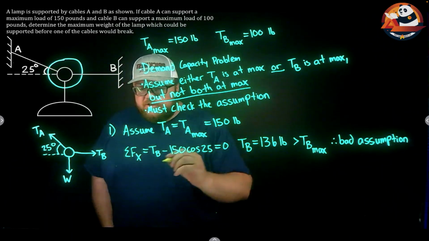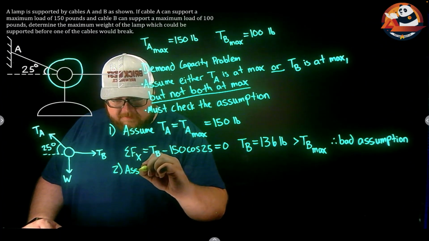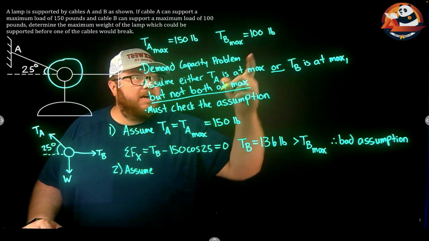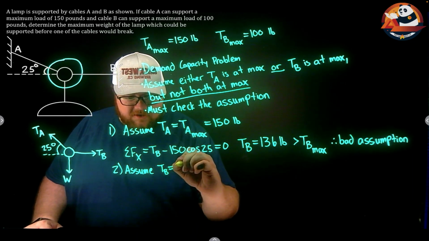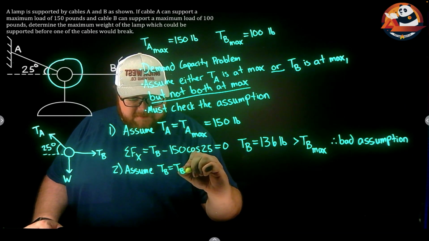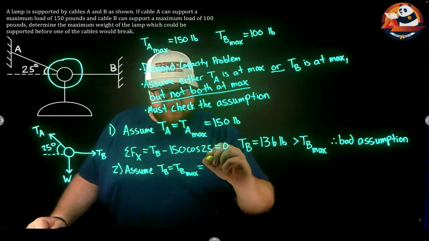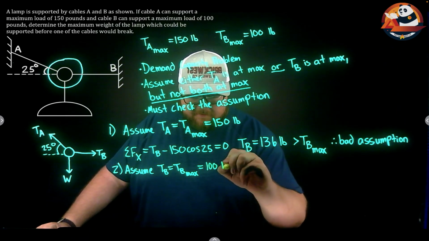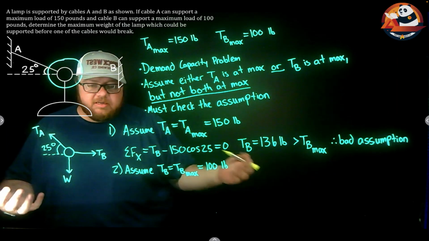So start over. Step 2. Let's assume that TB equals TB max, which is 100 pounds. As I do that, I can then come in and solve for TA.